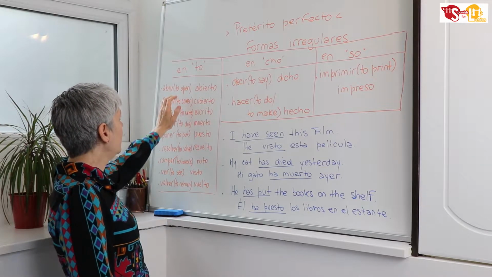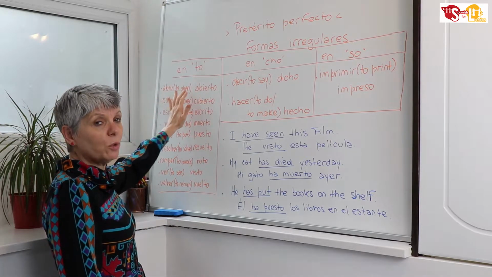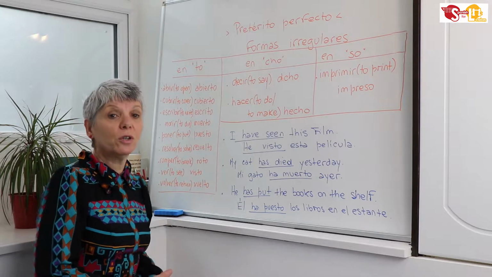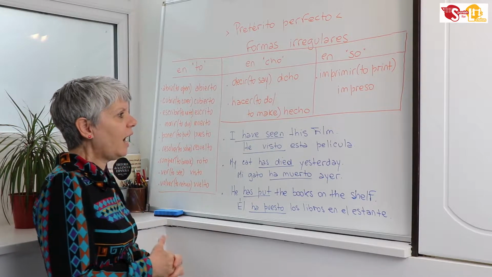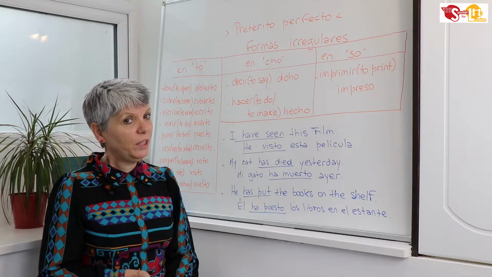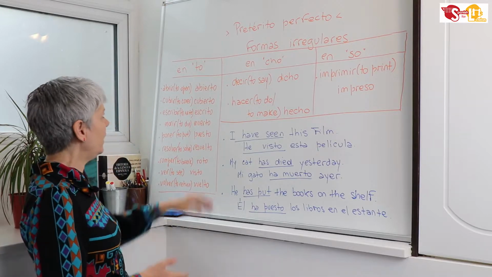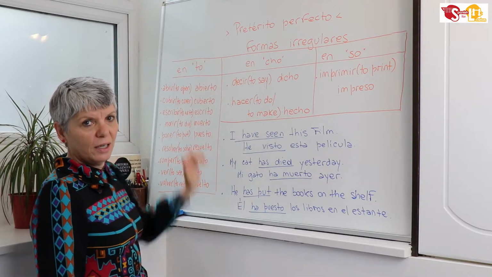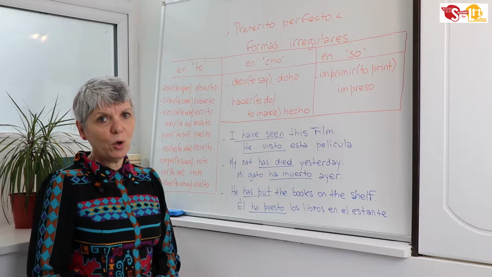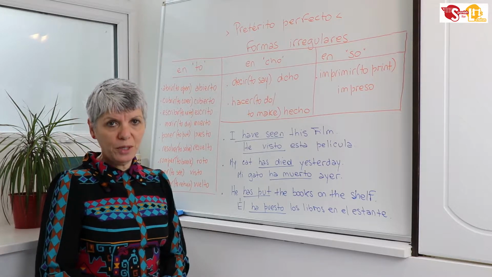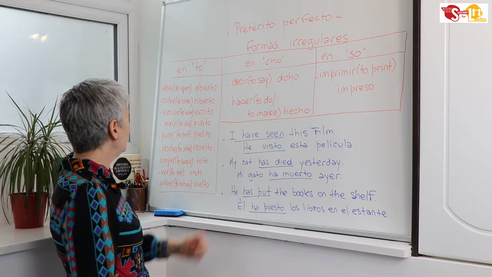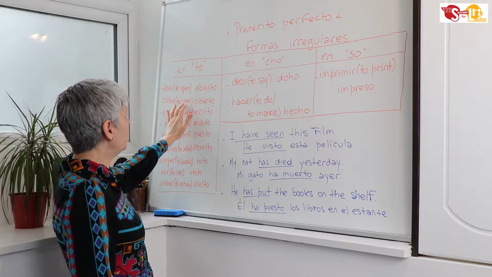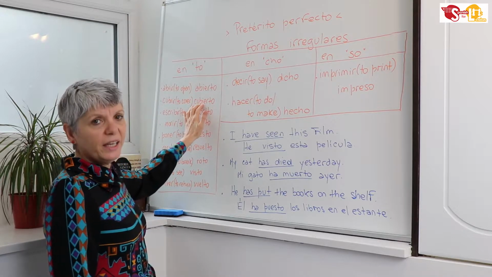For example, for the verb abrir, which is to open, we have abierto. So if I want to say I have opened the window, I say yo he abierto la ventana. I have opened the window. He abierto la ventana.